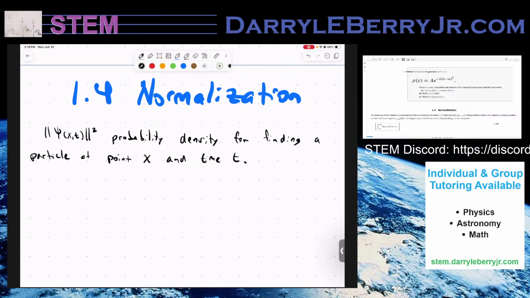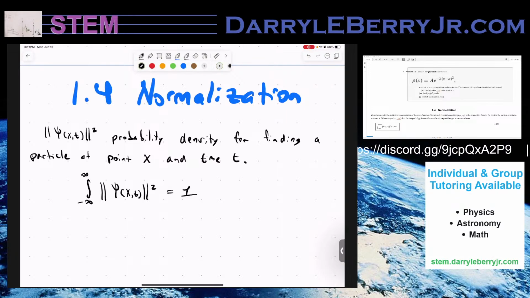And he says it follows from equation 1.16 that the integral of psi squared over all x, so negative infinity to infinity, or whatever is the full range that a particle would be in, like if the particle is in a box, must equal 1.